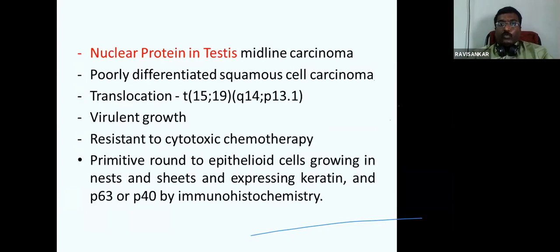It is not neutral protein. It is a nuclear protein in testis midline carcinoma. They are usually poorly differentiated squamous cell carcinoma. They have virulent growth.